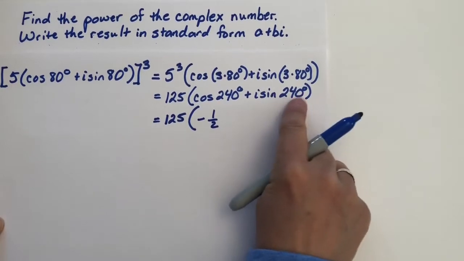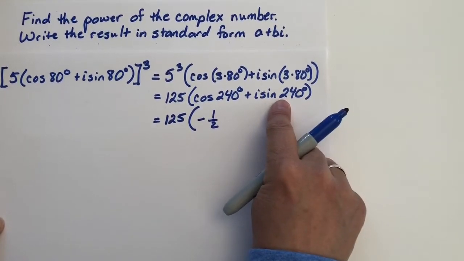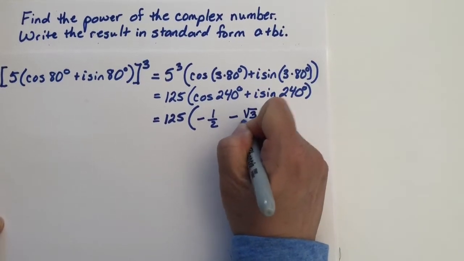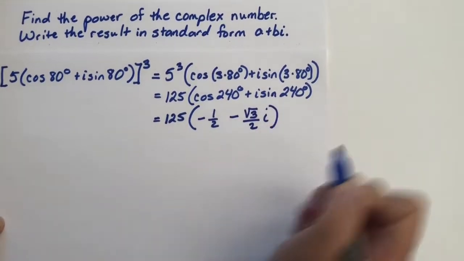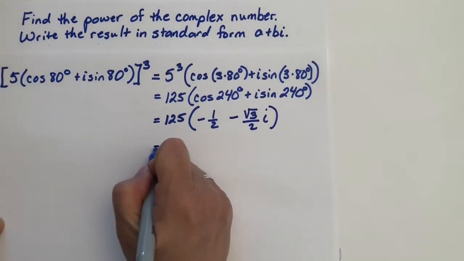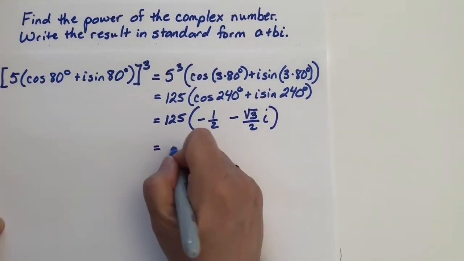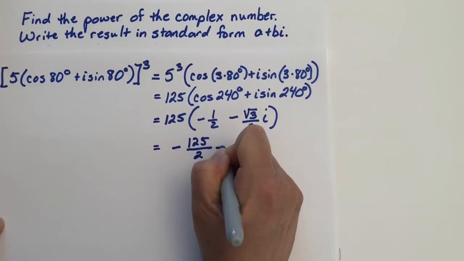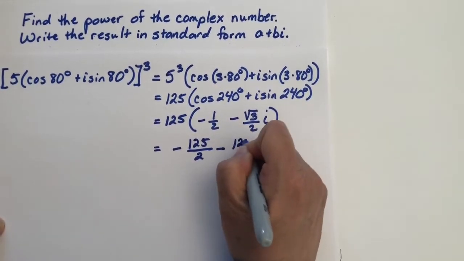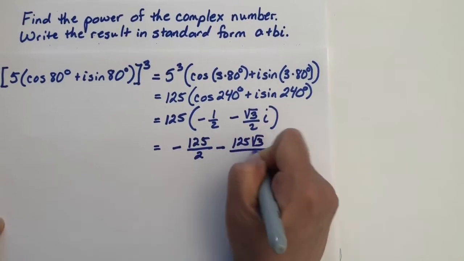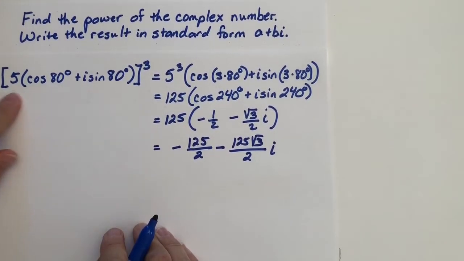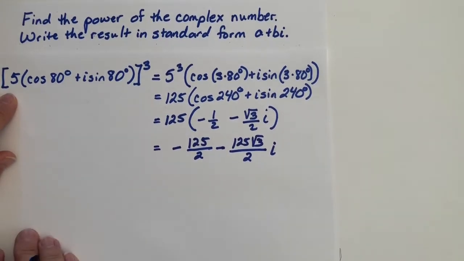Also in the third quadrant for the sine, we know the sine is negative there as well, and its value is square root of 3 over 2. And we can distribute that 125. So we have negative 125/2 minus 125 square root of 3 over 2 i. And we now have this complex number raised to the third power.